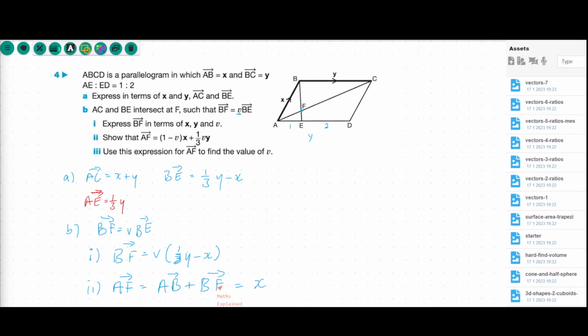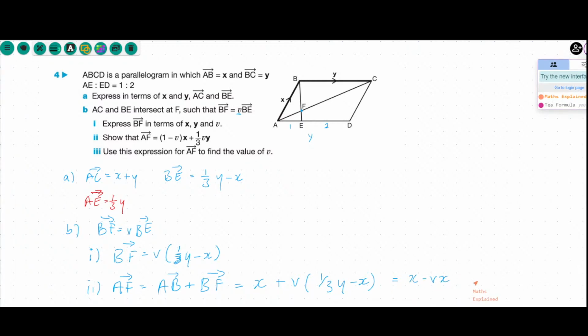AB is x, BF we've just written, so let's add this expression we just found, v times a third y take x. And then let's simplify this a little bit. So combining like terms, this will be x take v x, plus v on 3 y.